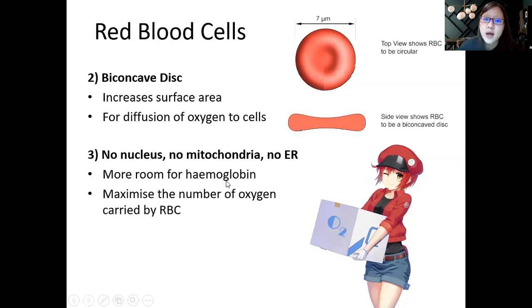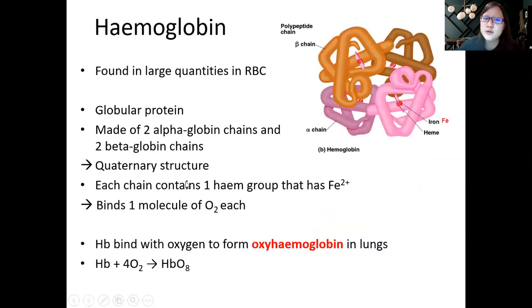The more hemoglobin you can carry, the more oxygen you can carry per red blood cell. Again, a red blood cell is a cell, and hemoglobin is a molecule, and you can have a lot of these polypeptides in your red blood cell. So hemoglobin is found in large quantities in red blood cells.